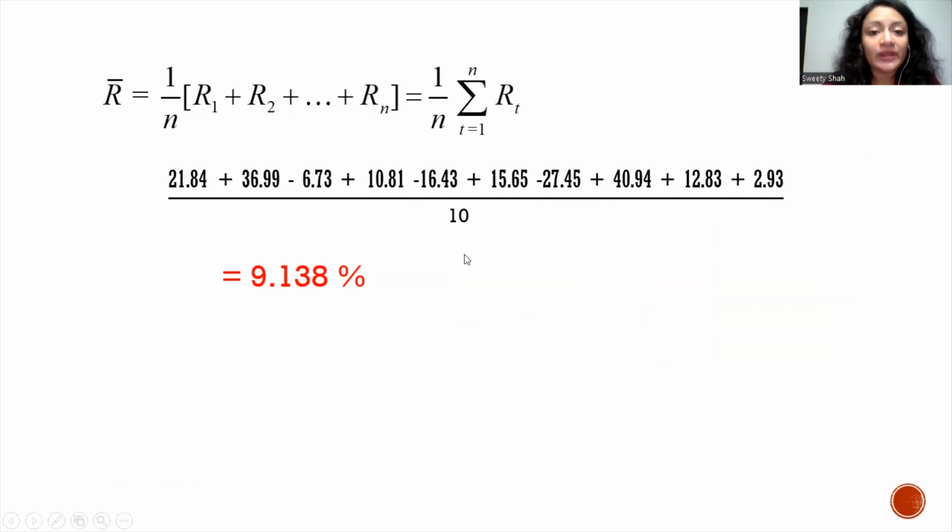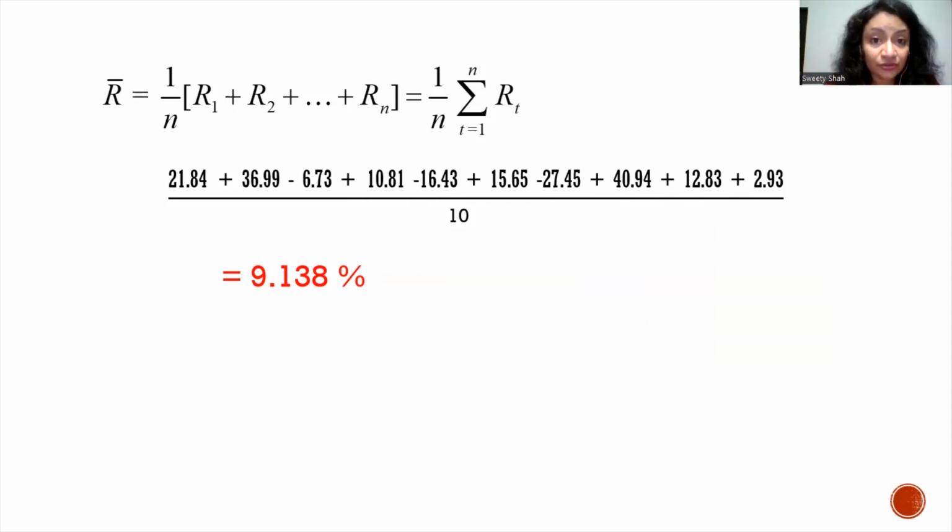Looking at the performance of this particular investment, it is 9.138%. So on average, we have earned 9.138% over the period of 10 years from this given investment.